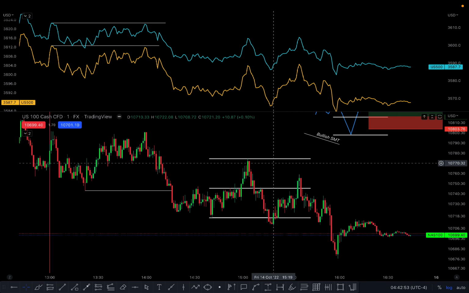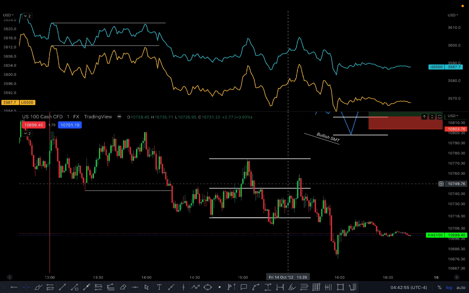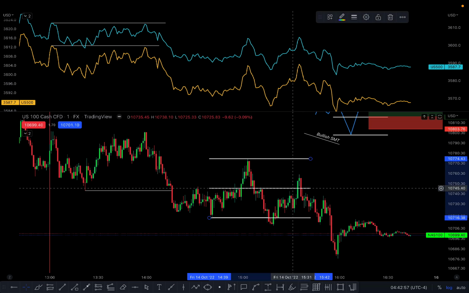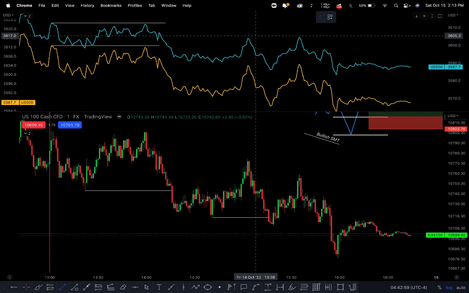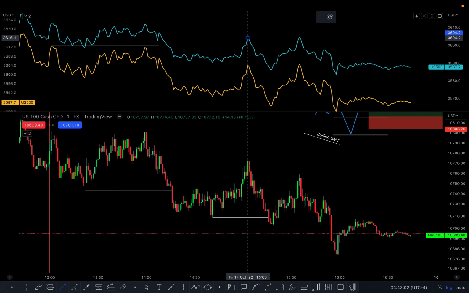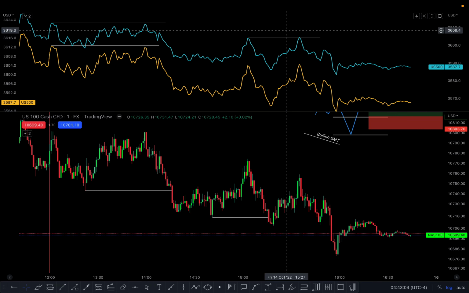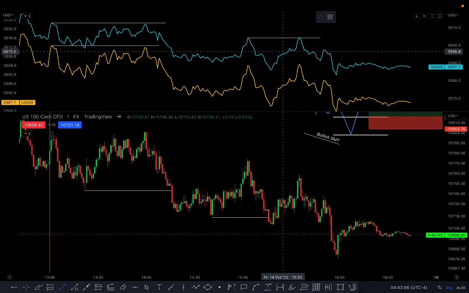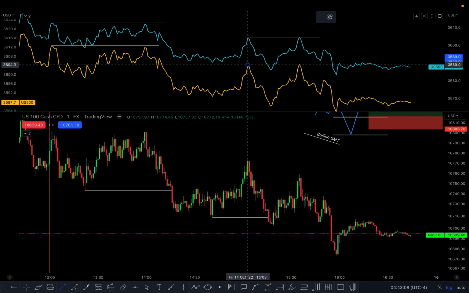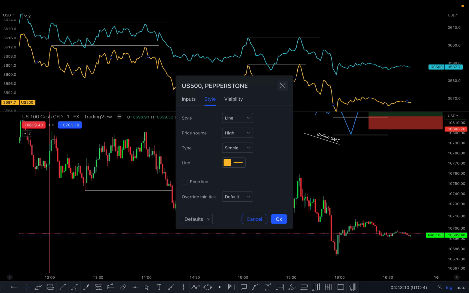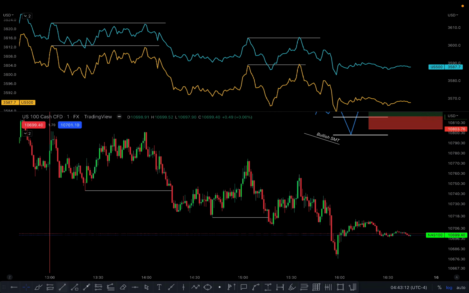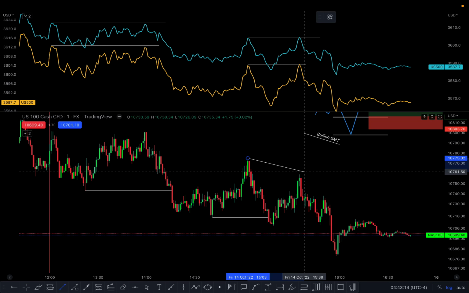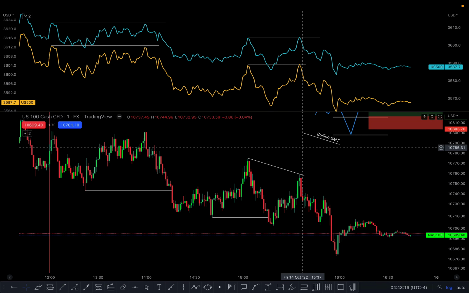Alright, but now look at this. When we're coming to this point to sell, right? Can you see here on the US 500, right there, it made a higher high. US 30 made a higher high, while US 100 made a lower high. Yeah, you see that?